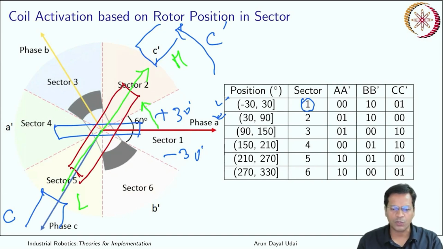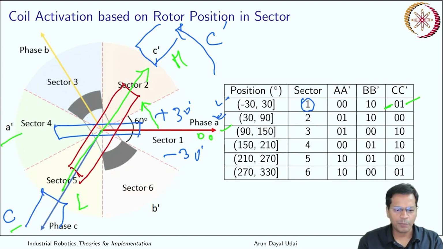So it moves from sector 1 to sector 2, got it? This is how I can keep on energizing. What happened is I made A and A bar 0, 0, whereas C bar is made high and C is turned low.